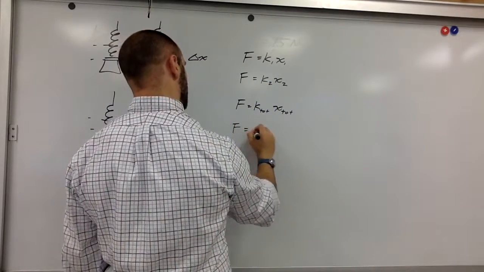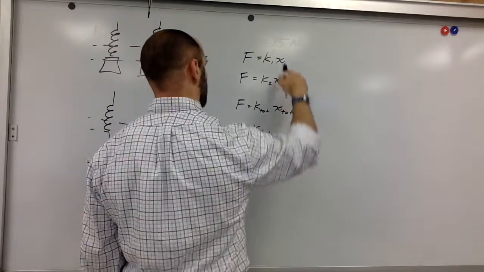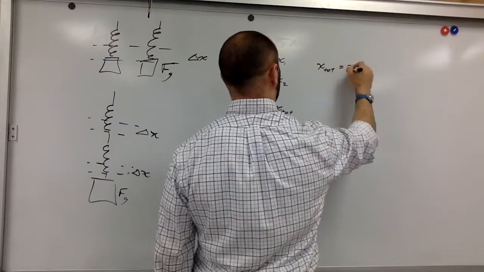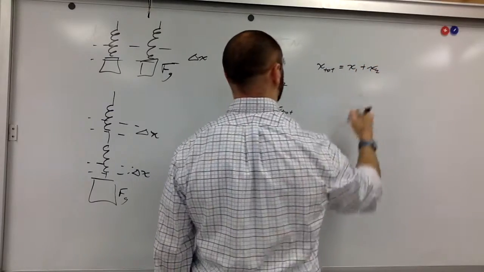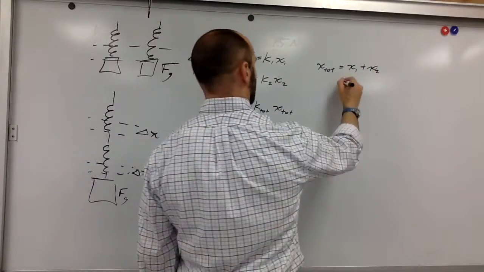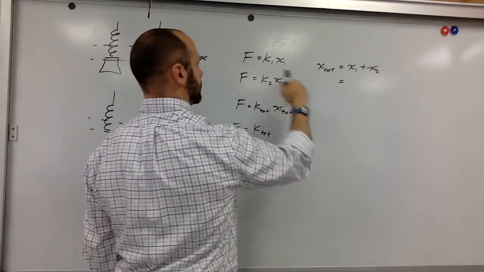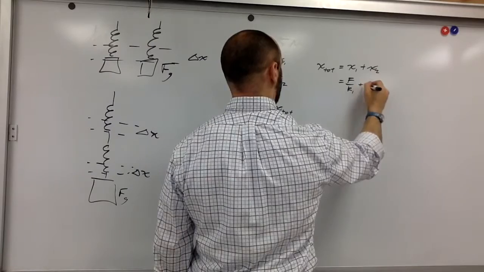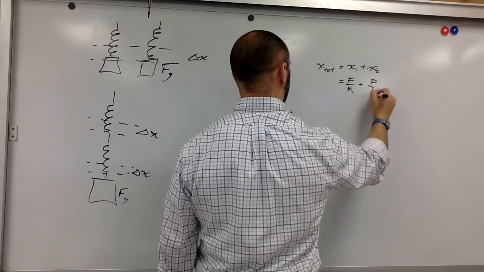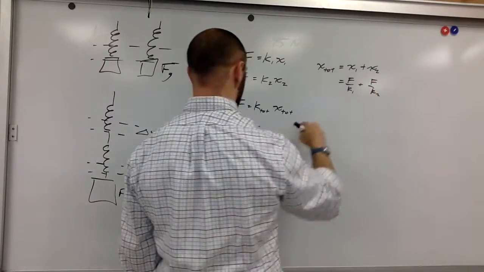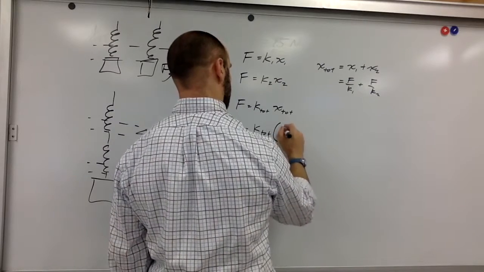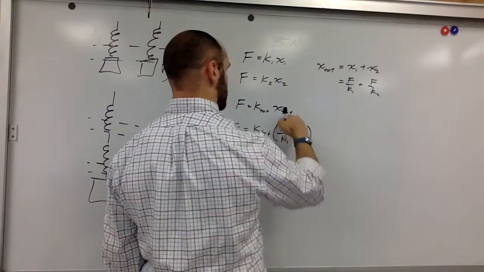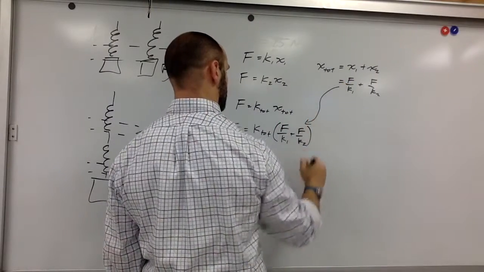So F equals K total x total, where x total is x1 plus x2. Now, x1 is going to be F over K1, and x2 is going to be F over K2. So if I plug that in here now, look at what I've got. F over K1 plus F over K2, because that's x total, so I plug this in here.